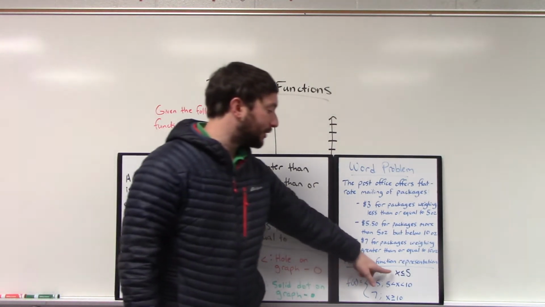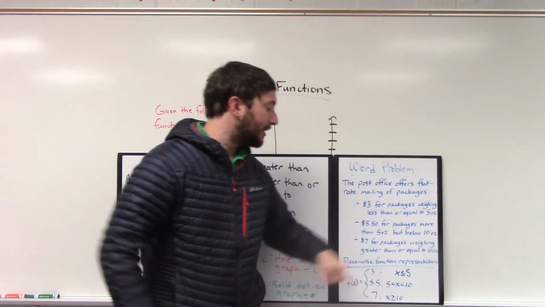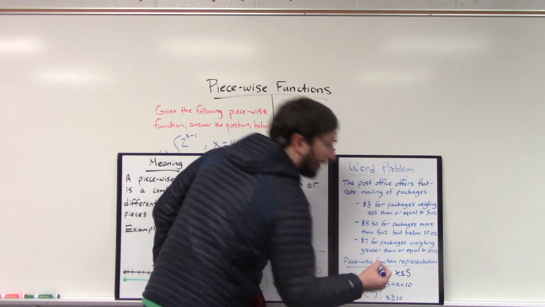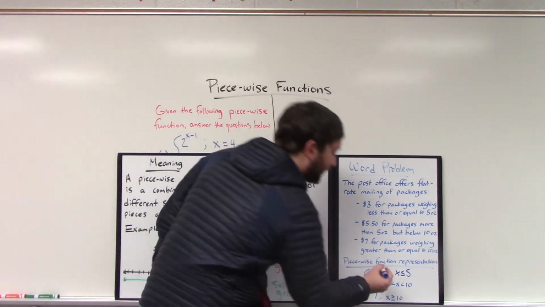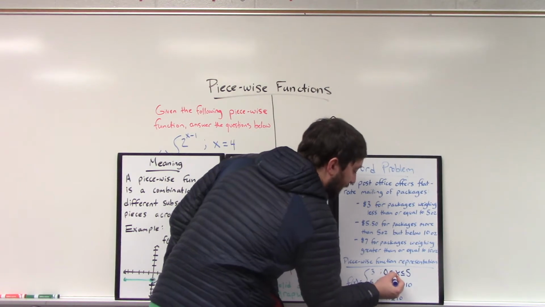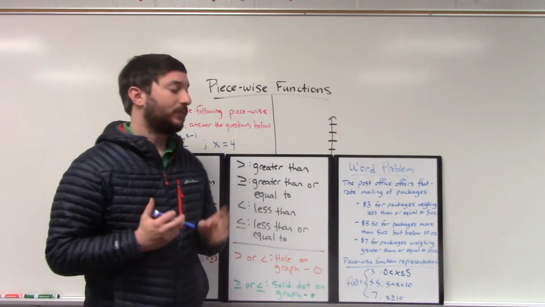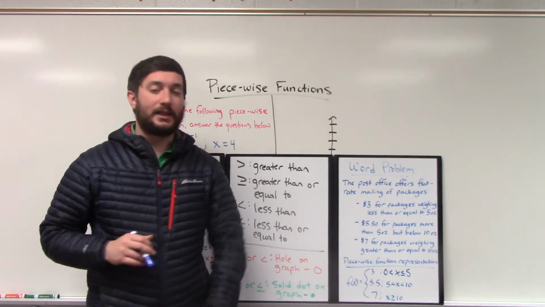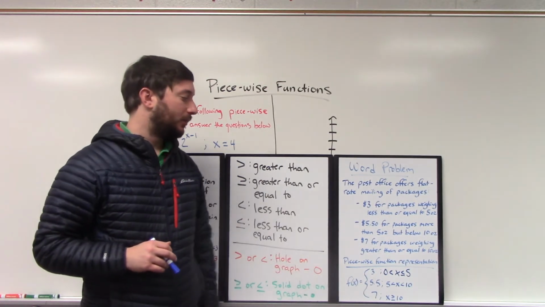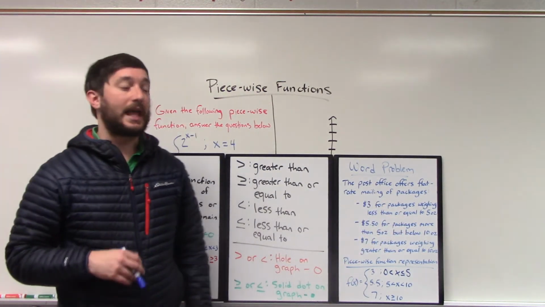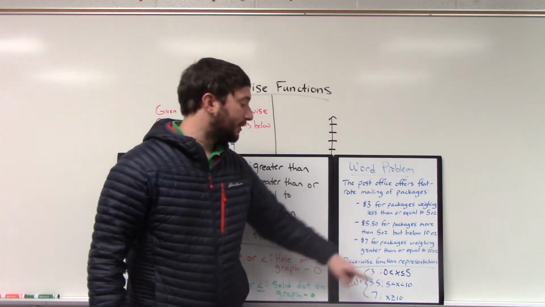So these are your restrictions here. Anything less than 5 ounces, and actually, if we're shipping a package, it has to weigh something. So you could say it has to weigh more than 0 ounces. You can't ship air. So something greater than 0 but less than or equal to 5 is going to cost $3 to ship.